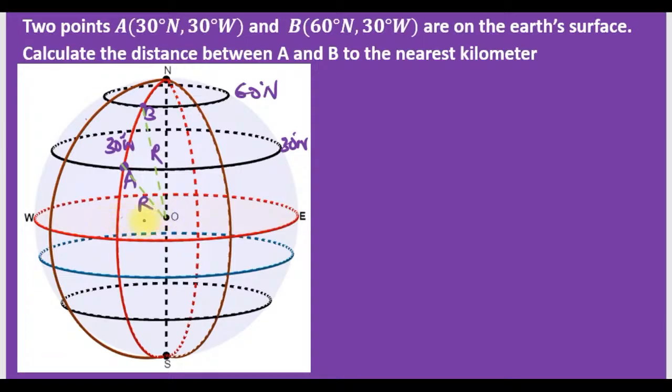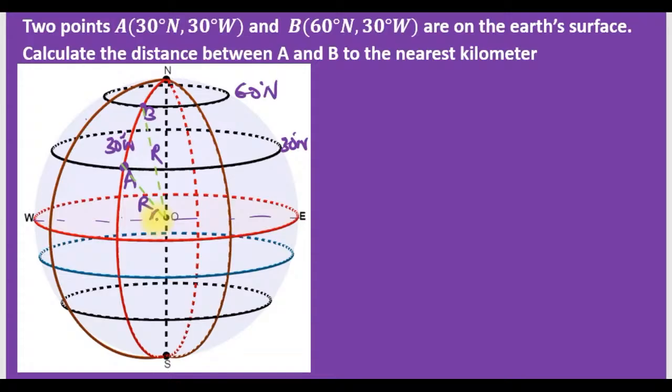As you can see, at the equator the angle is 0. Starting from 0, from here to here is 30 degrees.